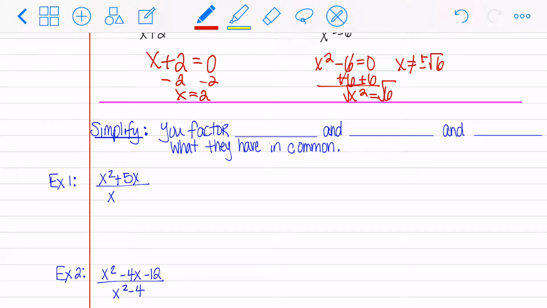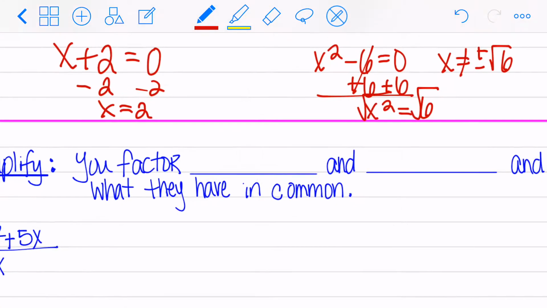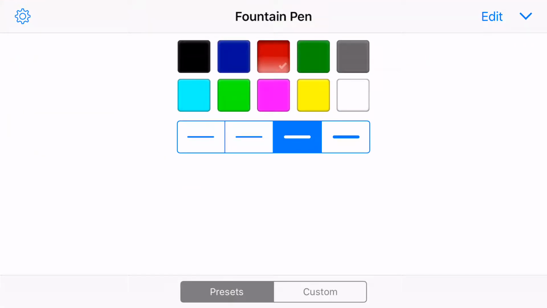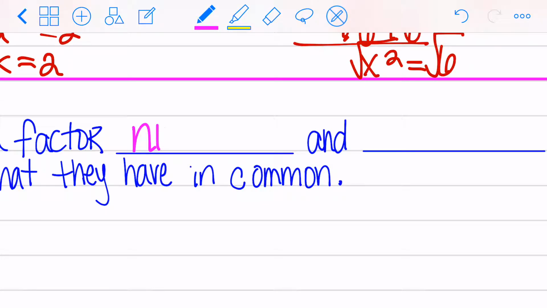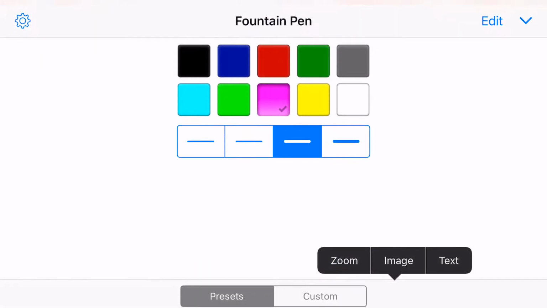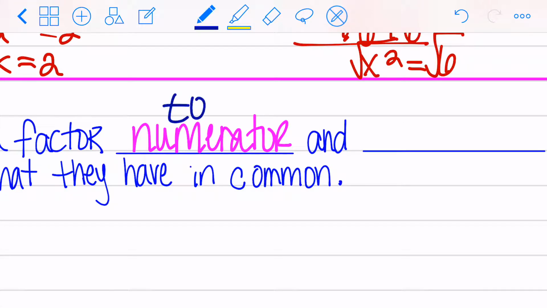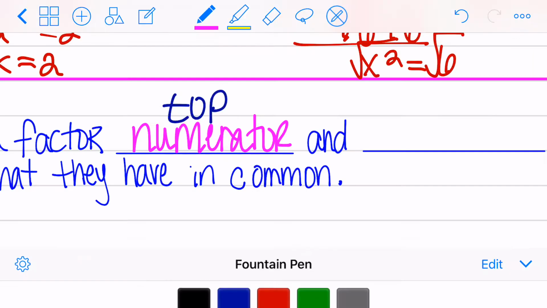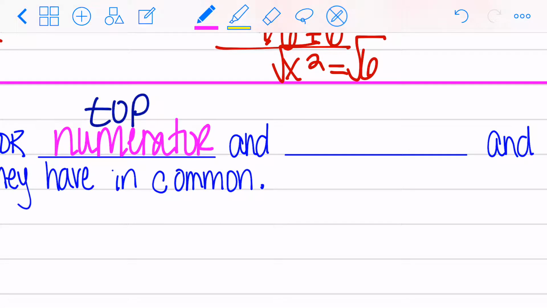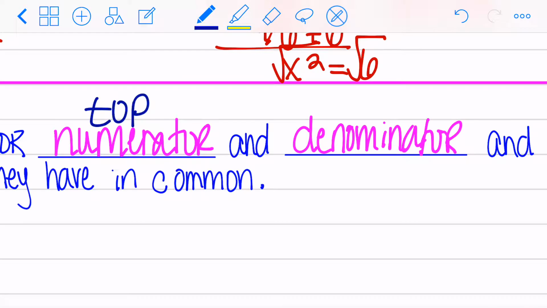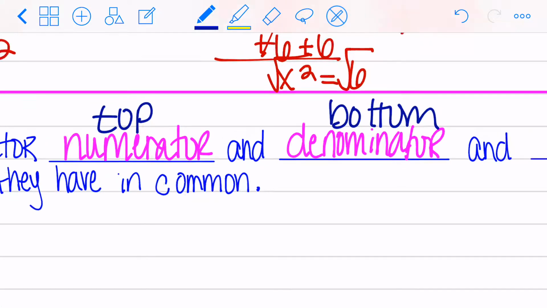Okay, so now let's talk about simplifying. To simplify, you have to factor the numerator, AKA the top of your fraction, and the denominator, which is the bottom of your fraction.